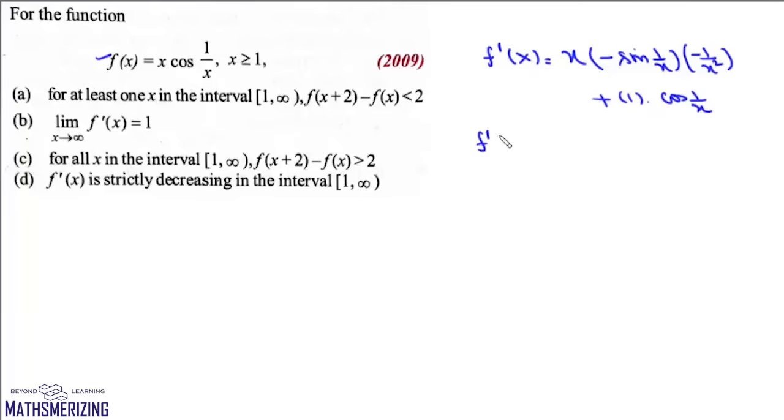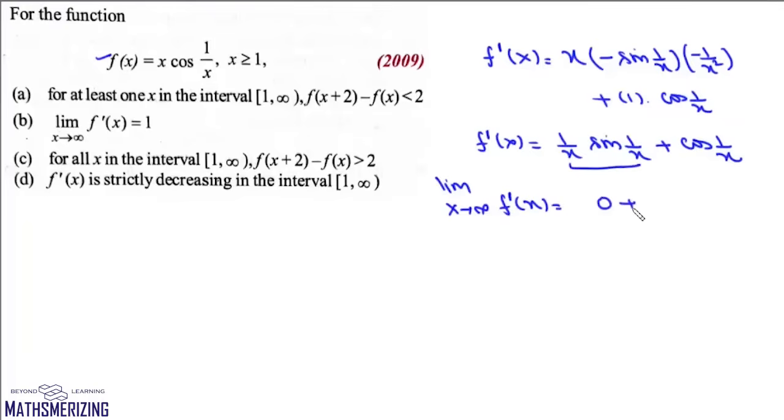So we can write this function f dash x as 1 by x sine 1 by x plus cos 1 by x. Now if we take this limit x tends to infinity of f dash x, this is 0 and this is cos 0, and cos 0 is 1. So the value of this limit is 1. That means this option B is correct.